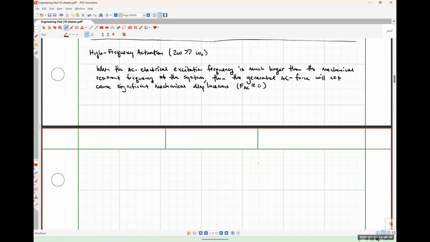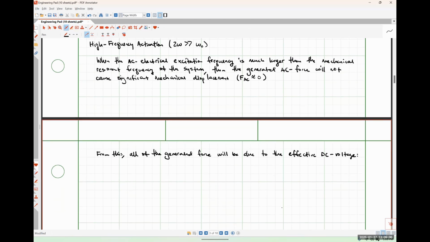I'm going to another page here, so I'm trying to make sure you guys have room from this. So from this, all of the generated force will be due to the effective DC voltage, right?